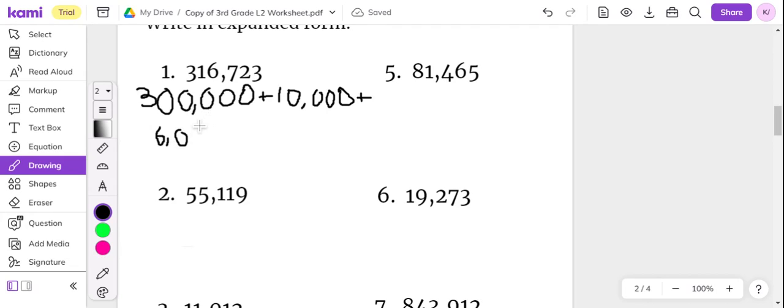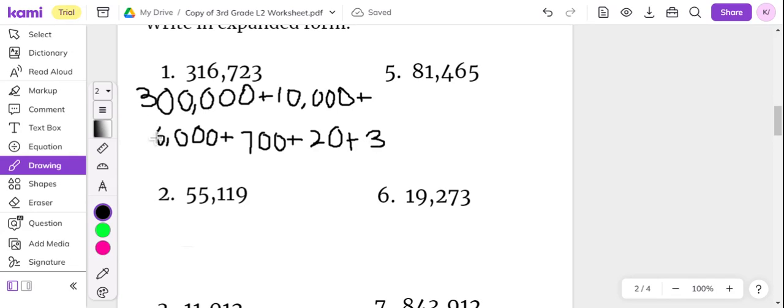And we are going to be adding all of this together because all of this should add up to 316,723. So plus the hundreds place, which is 7, so 700, plus, then there's a 2 in the tens place, so it will be 20, plus the last digit is 3.